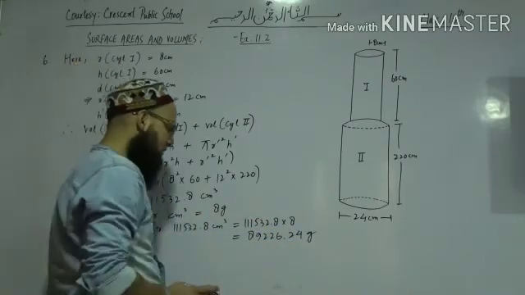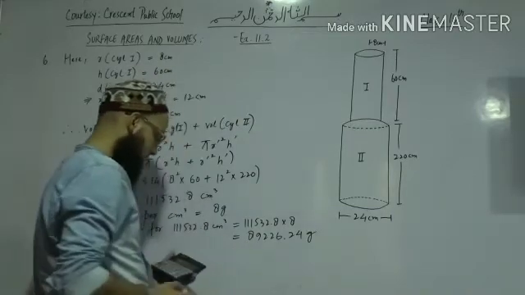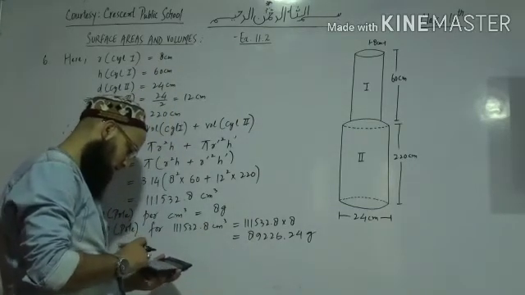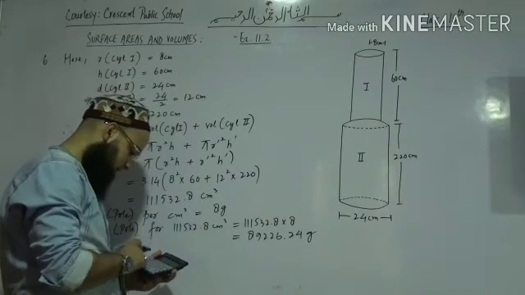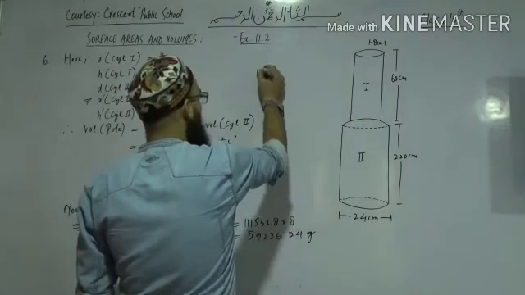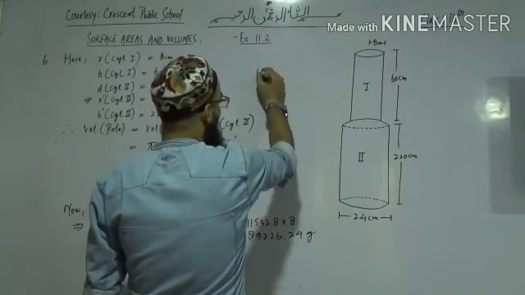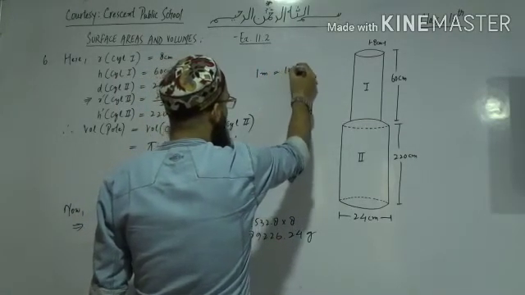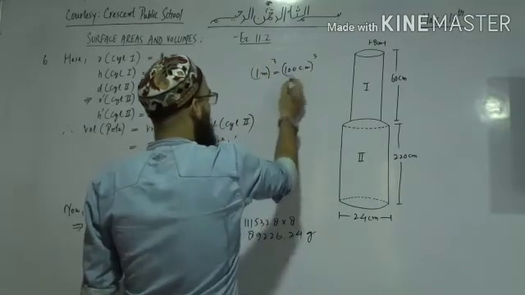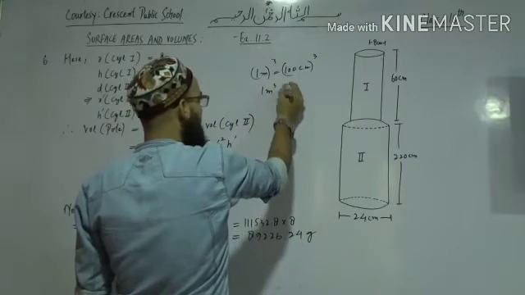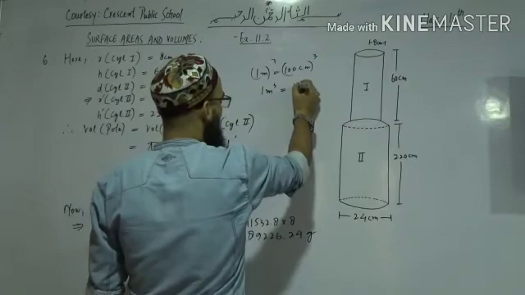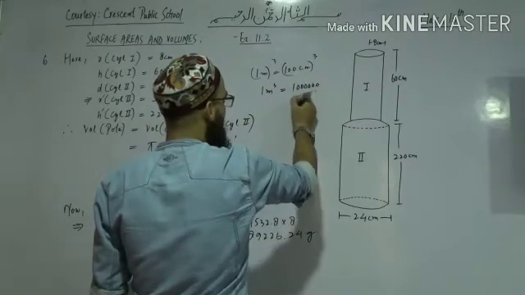Remember this conversion: 1 meter is equal to 100 centimeter. Now cubing both sides, what you'll get?